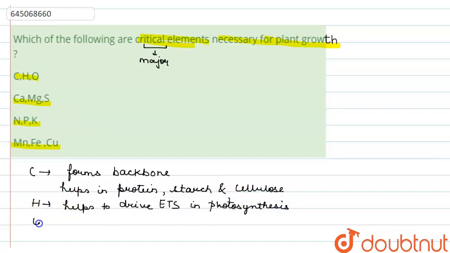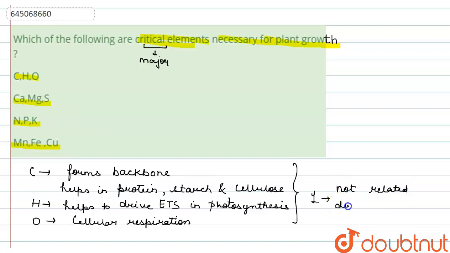Now, if we talk about oxygen, it is involved in cellular respiration. Now, these three that are given in option number 1 are not related directly to plant growth.